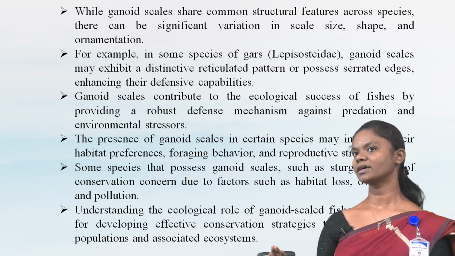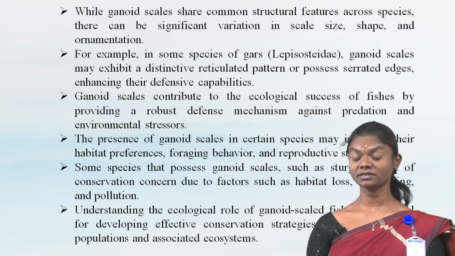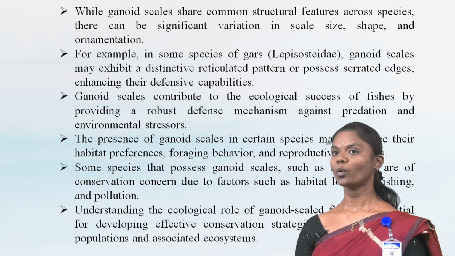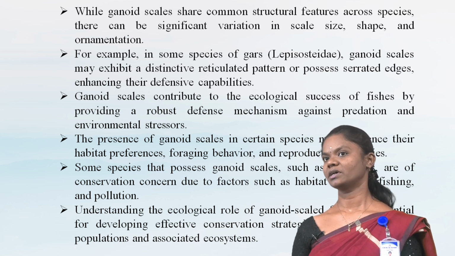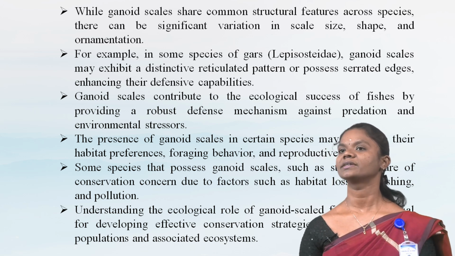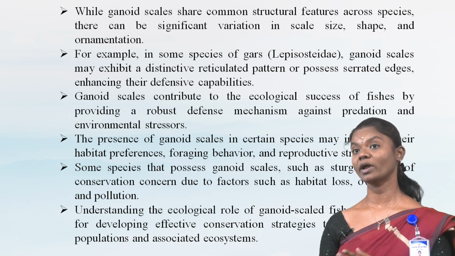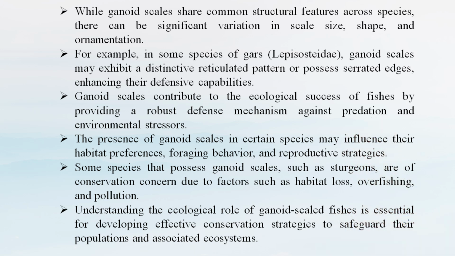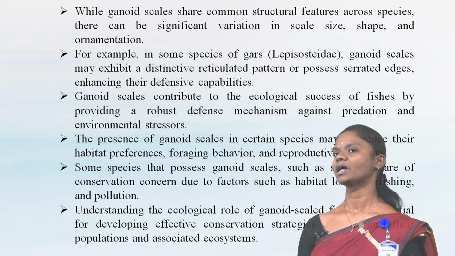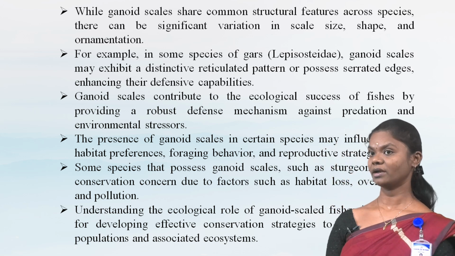Ganoid scales contribute to the ecological success of fishes by providing a robust defense mechanism against predation and environmental stresses. The presence of ganoid scales in certain species may influence their habitat preference, foraging behavior, and reproductive strategies.